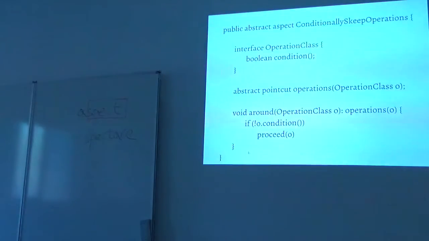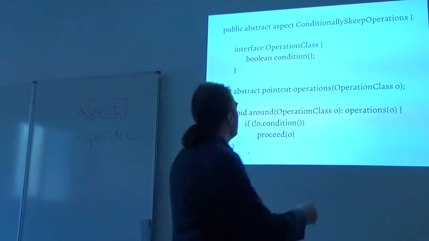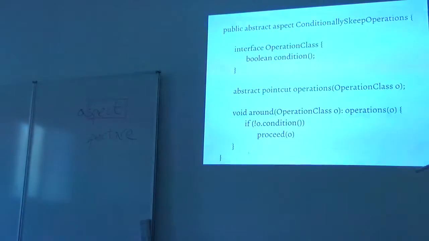So if we recall this example, which I was showing to you, of conditionally skipping operations. I'm showing just this aspect here because it's interesting, because it packages almost everything it needs.